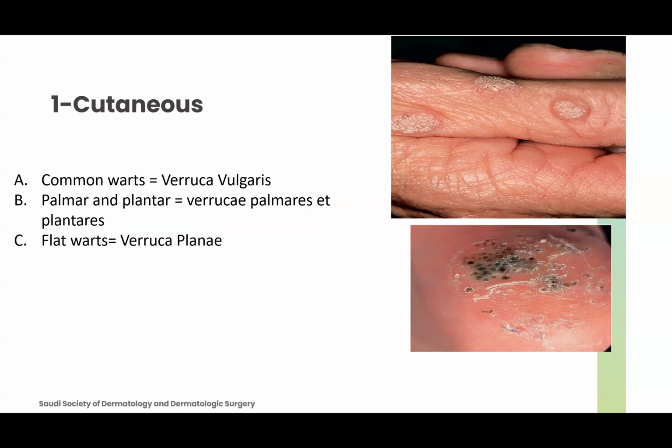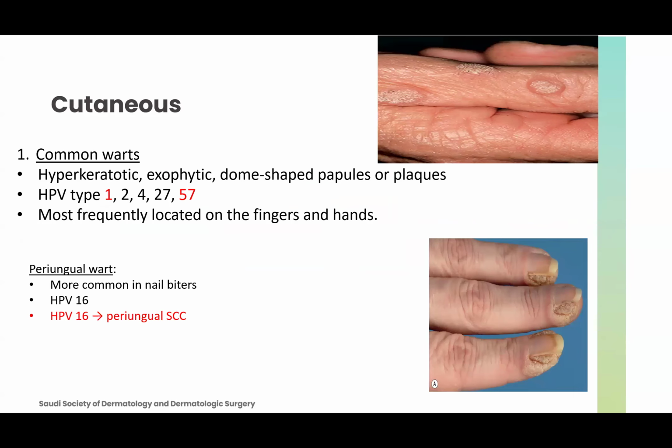Second, palmar and plantar wart, also known as Verruca palmaris et plantaris, and flat wart, also known as Verruca plana. Common wart is characterized by hyperkeratotic, exophytic, dome-shaped papules or plaques, caused by HPV type 1 and type 57, and most of the time located over the fingers and hand.